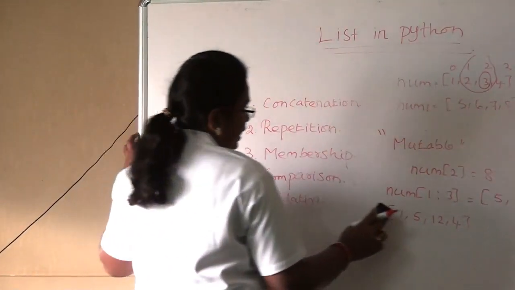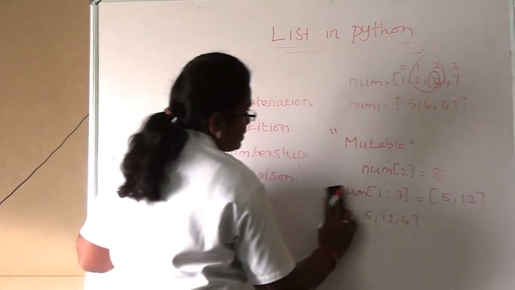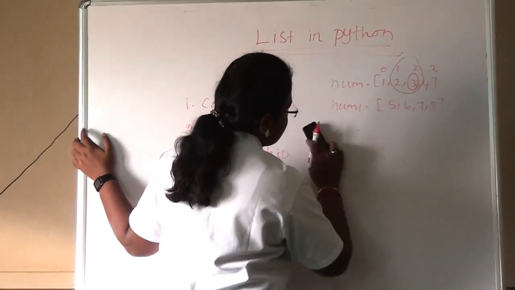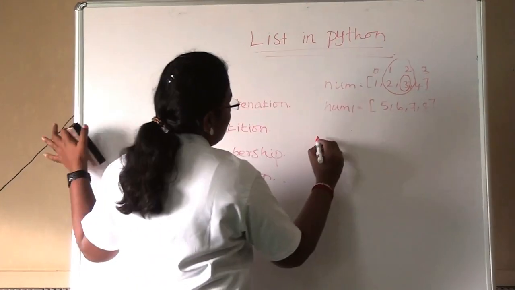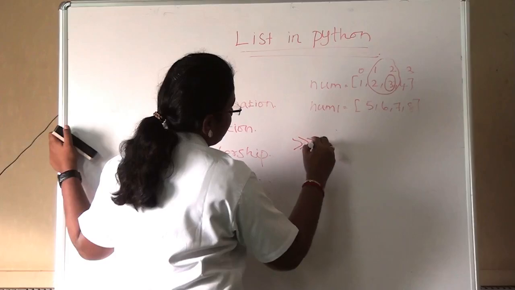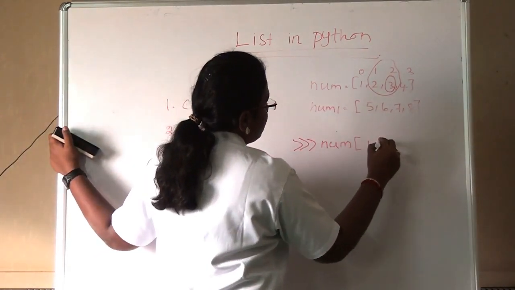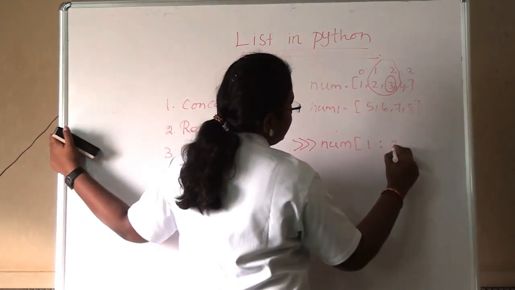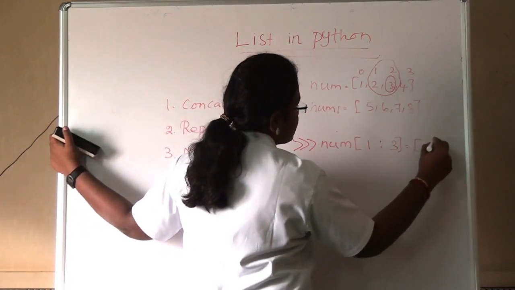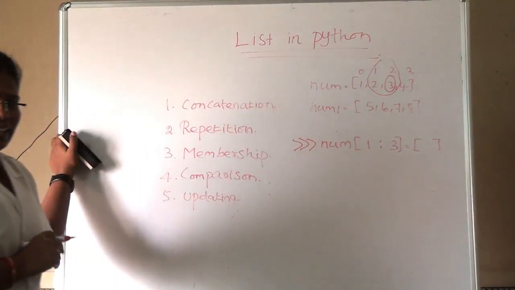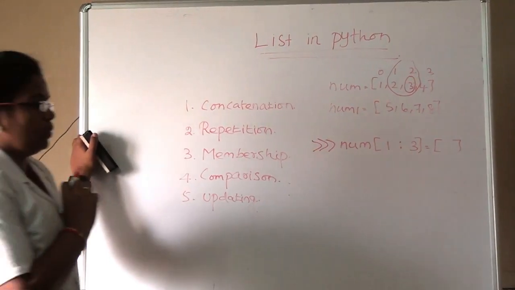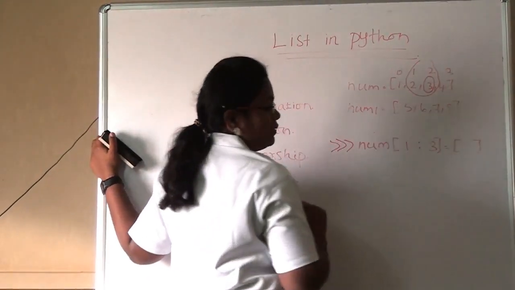And then I can delete the group of elements, that is num 1 colon 3 empty list. It will delete those separate elements alone, that is 2 and 3 will get deleted.